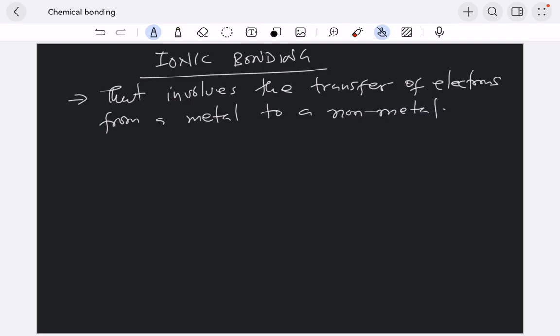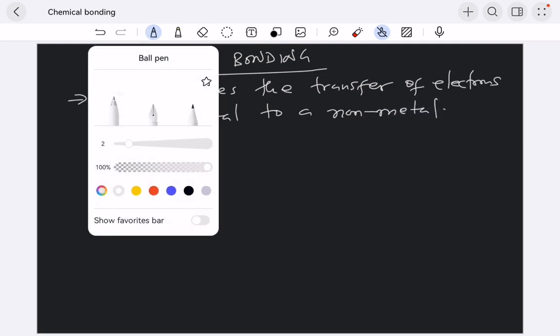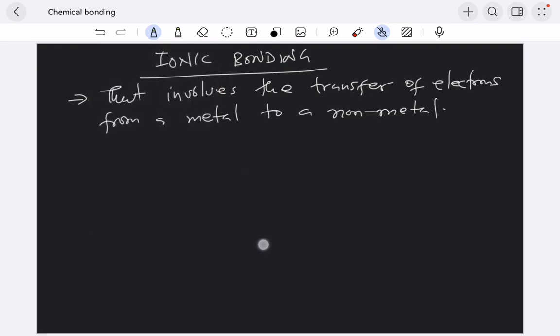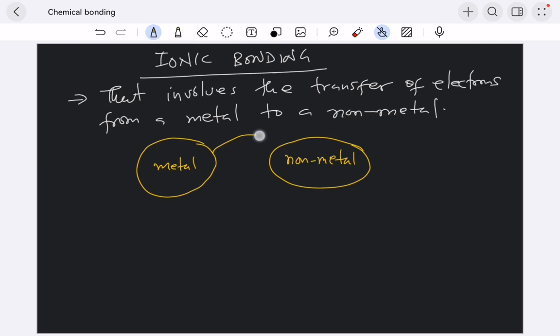So if we were to look at the visual representation of this, we have a metal and we have a non-metal. So this involves a transfer of electrons or an electron depending on the valency number.